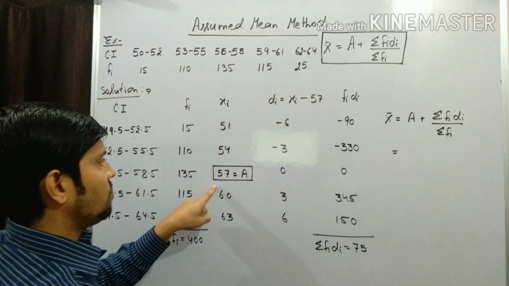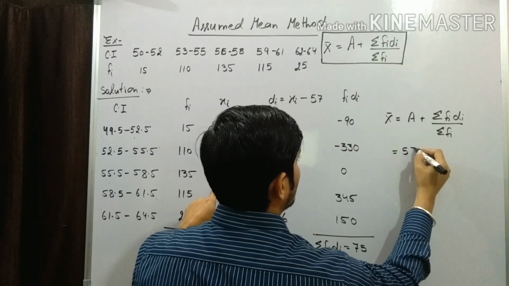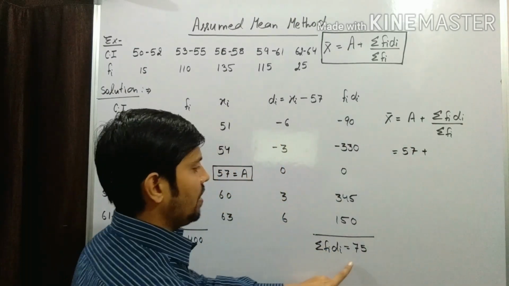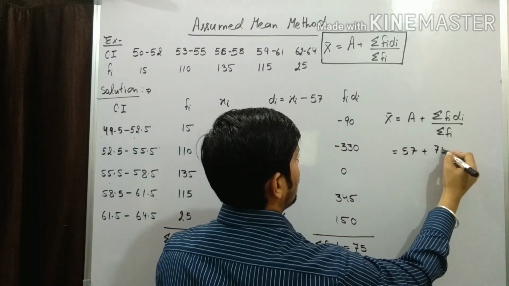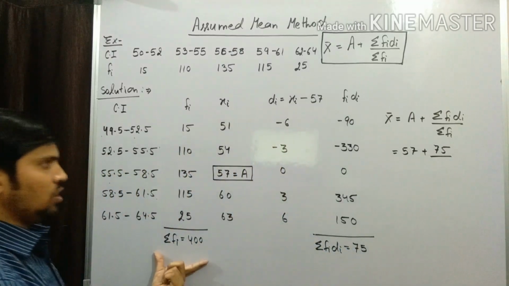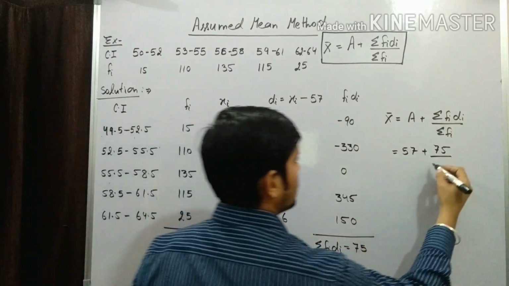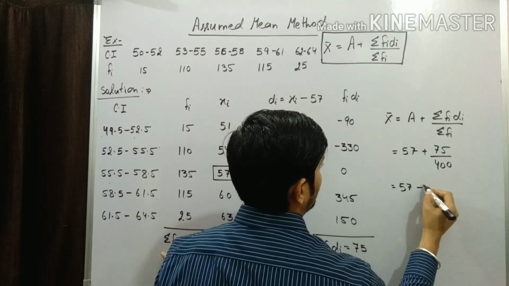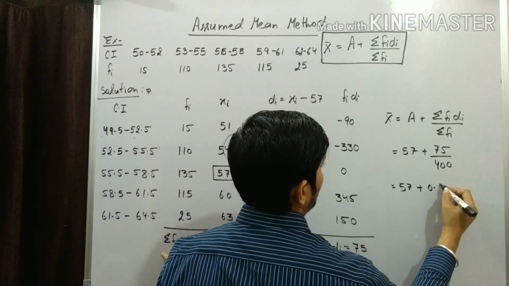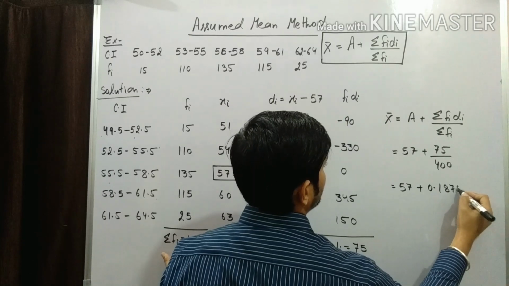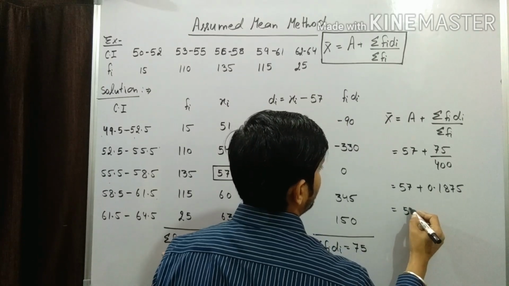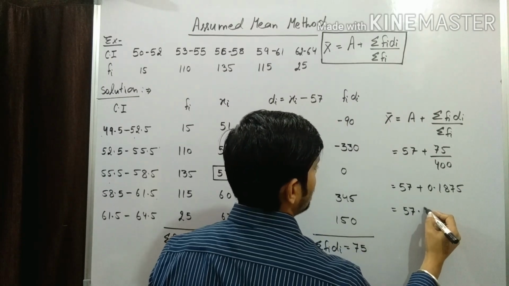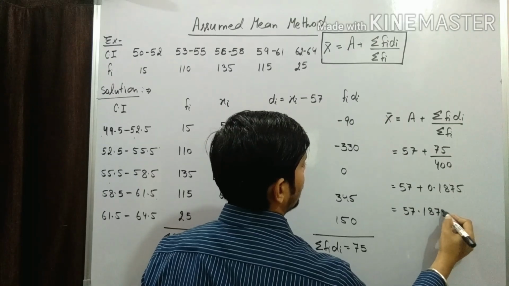What is a? A is 57, plus summation of fi di is 75, over summation of fi, which is 400. Now divide this. This is approximately 0.1875, and when we add this, it gives 57.1875.